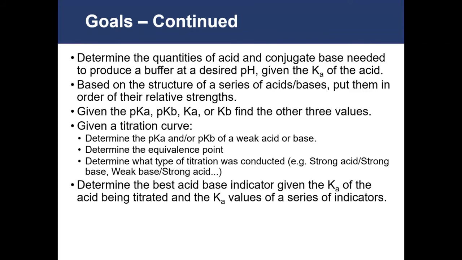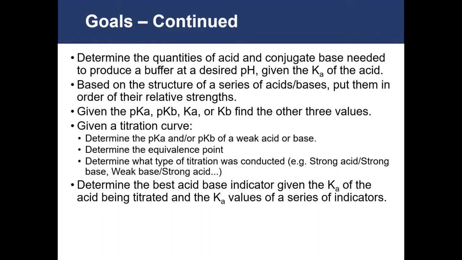Given the pKa, pKb, Ka, or Kb, find the other three values. Given a titration curve, determine the pKa or pKb of a weak acid or base. Determine where the equivalence point is.